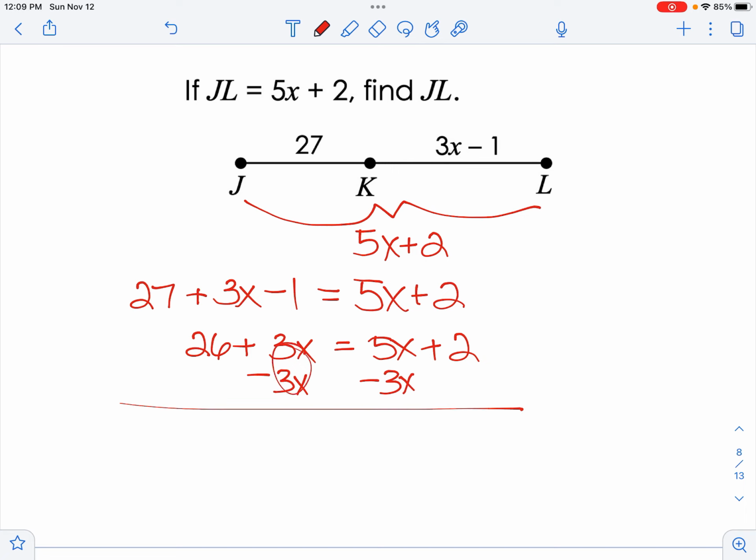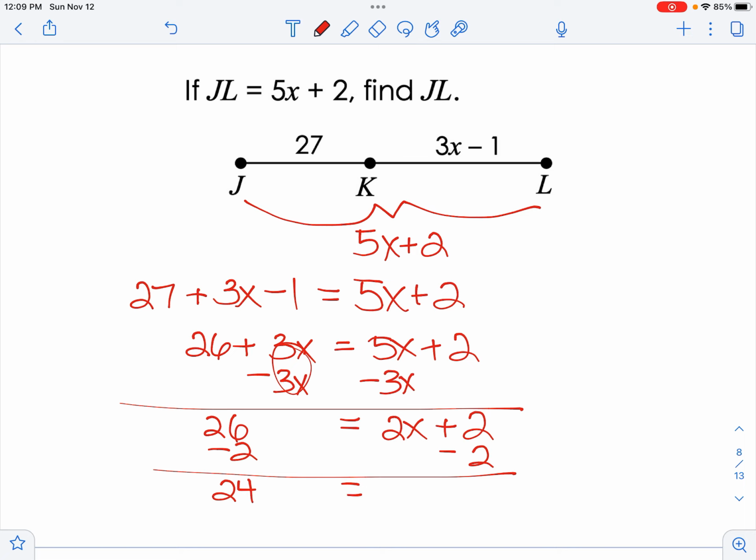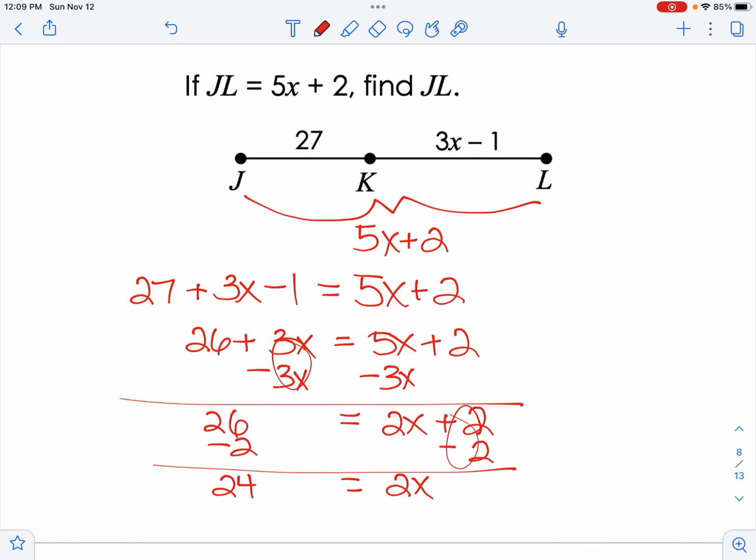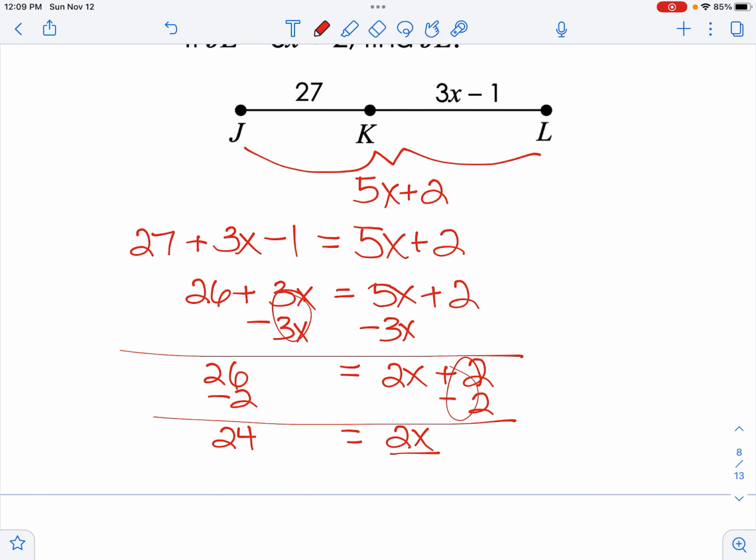These cancel. I have 26 equals 2x plus 2. Okay? Now, I want to subtract 2. Subtract 2. I have 24 equals 2x. Okay. And then divide by 2, divide by 2. So x is equal to 12.